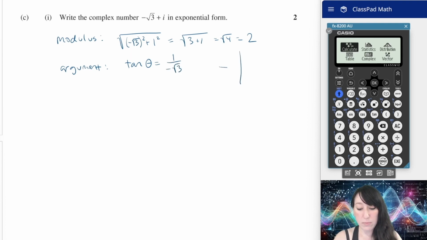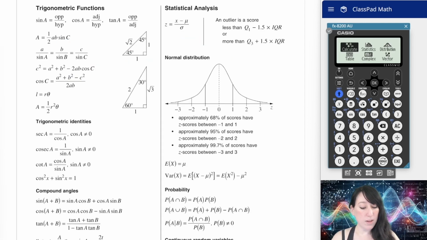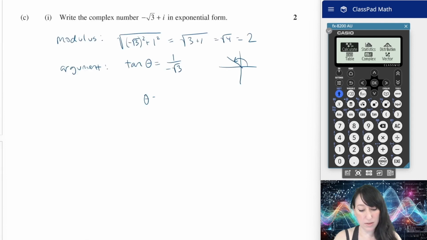Since the real component is negative and imaginary positive, we know that we are in quadrant 2. We can check where tan would equal 1/√3 by looking at our triangles, and that would be at 30 degrees or pi over 6. In quadrant 2, this would be 5 pi over 6.